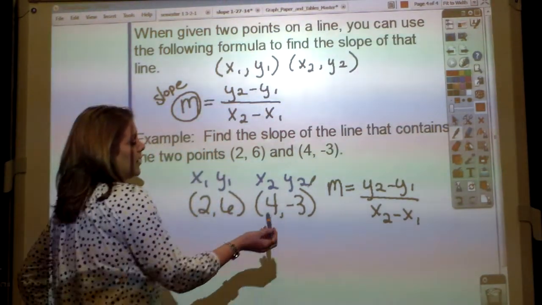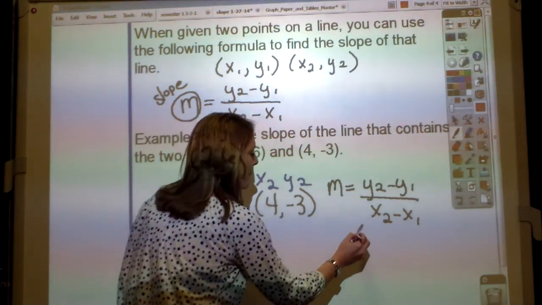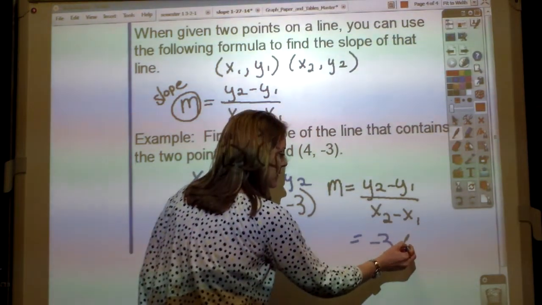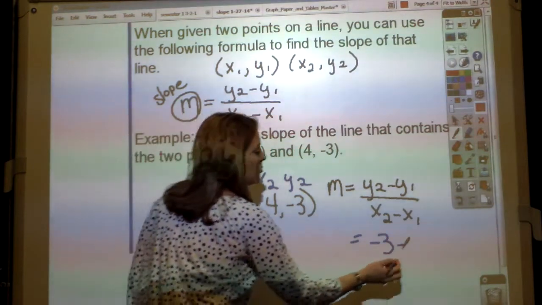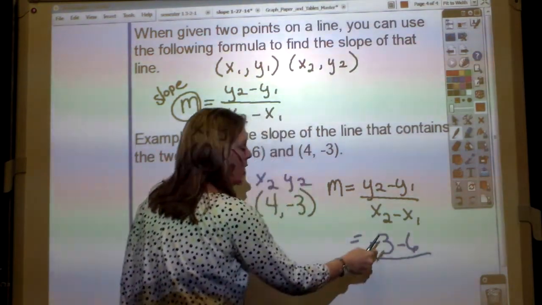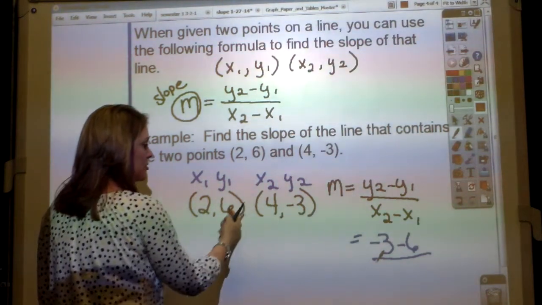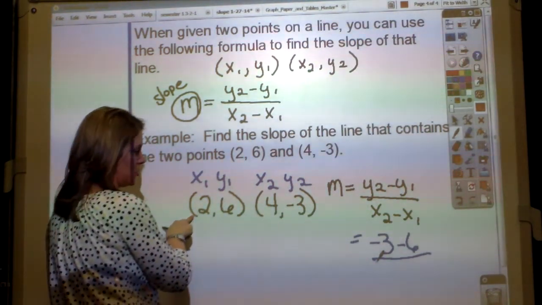So we're going to put in negative 3 for y2, and then we're going to write our minus sign. y1 is a 6. So for our change in y's, negative 3 minus 6. Make sure you're subtracting the y's. And then use the same order when you go to subtract your x's.